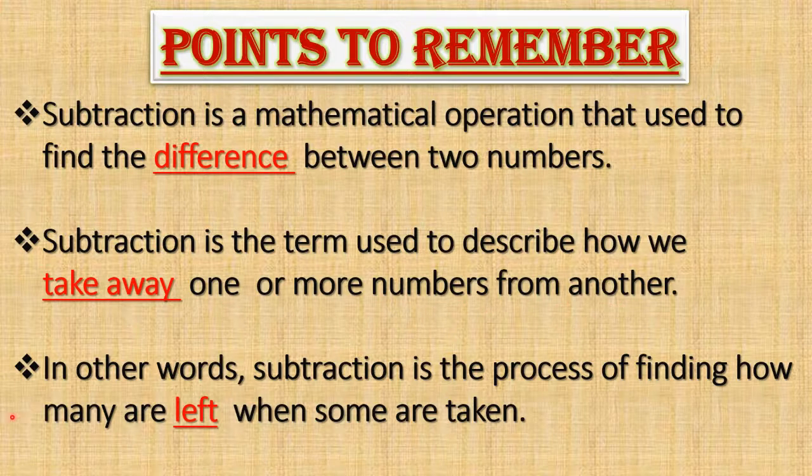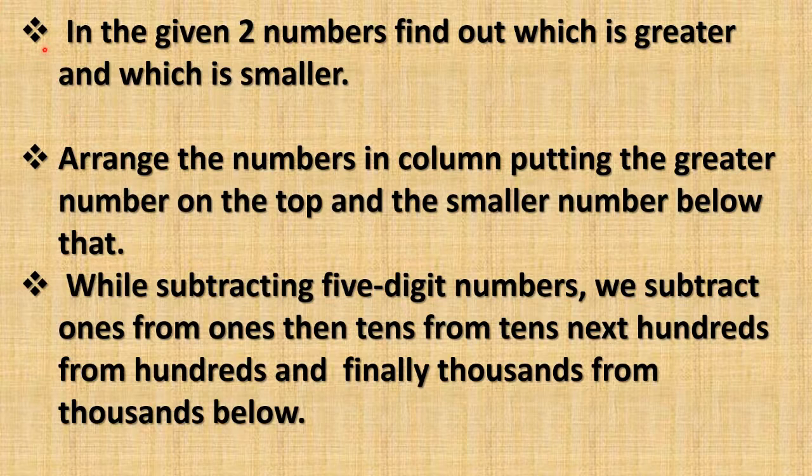Third point, in other words, subtraction is the process of finding how many are left when some are taken. Students, fourth point, in the given two numbers, find out which is greater and which is smaller. Fifth point, arrange the numbers in column putting the greater number on the top and the smaller number below that.